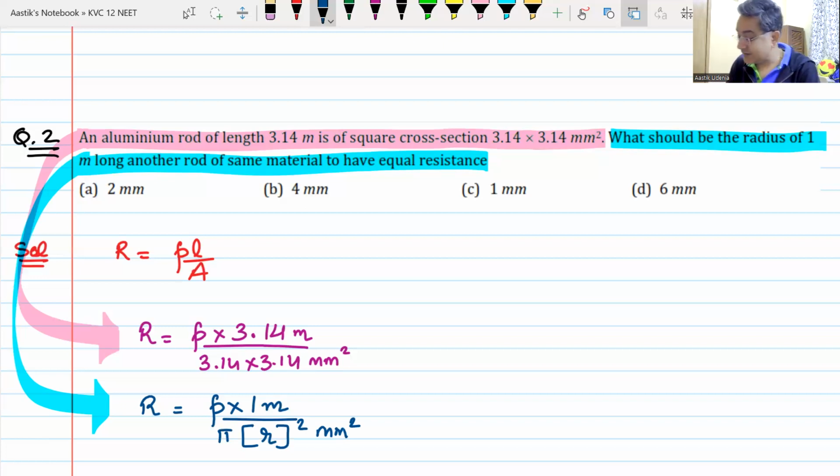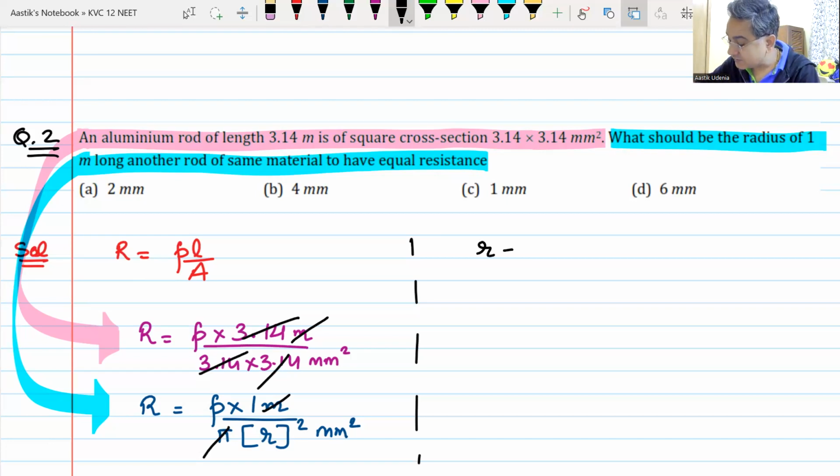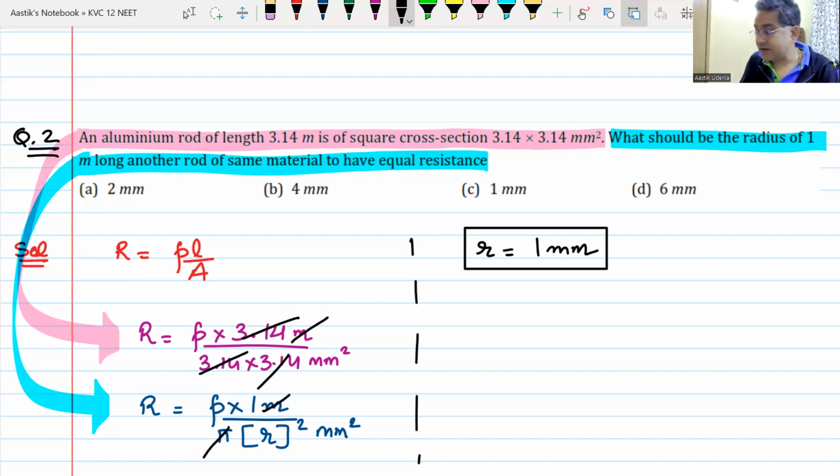Both the R's are the same, so I should be able to equate both the things. The 3.14s can get cancelled, pi and pi will get cancelled, meter and meter will get cancelled. So you will get your radius in mm, and the answer is 1 mm. The radius of the wire has to be 1 mm.